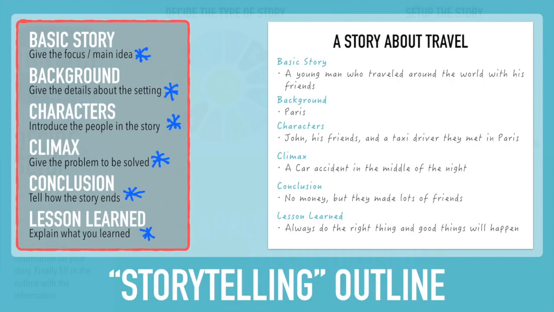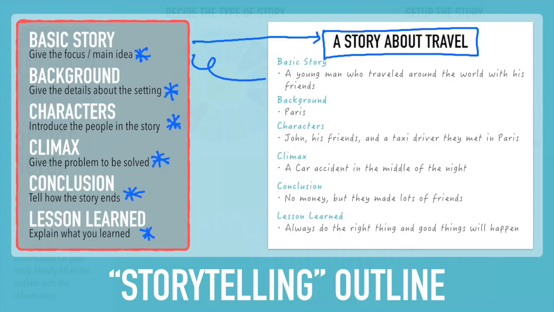Okay. All right. So remember, I chose a story about travel. So my story needs to be about travel. So for my basic story, I'm going to say a young man who traveled around the world with his friends. For the background, I'm going to say Paris. For the characters, I'm going to choose John, his friends, and a taxi driver.